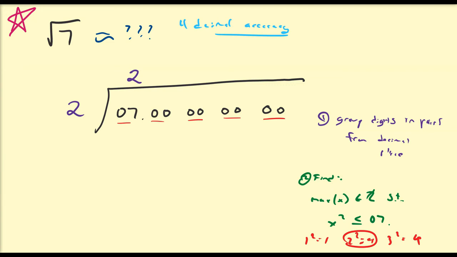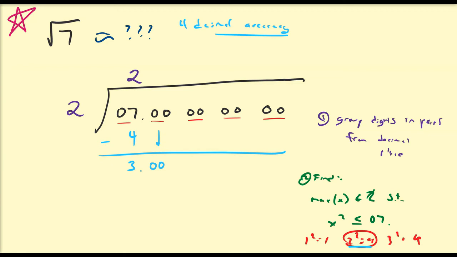As we know, 2 squared is equal to 4, and then we subtract like we have before. That's going to be 3. Similar to the long division method, we then bring down a group; in this case, we bring down 2 zeros. Now this is where the fun begins.